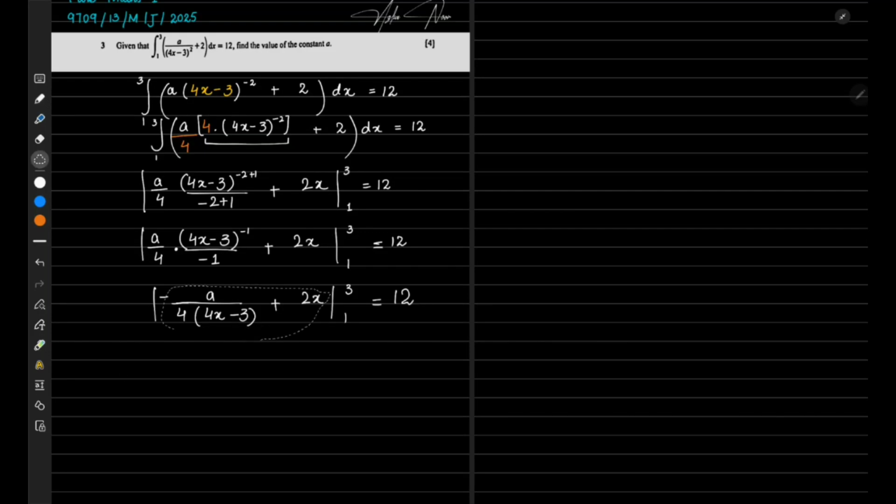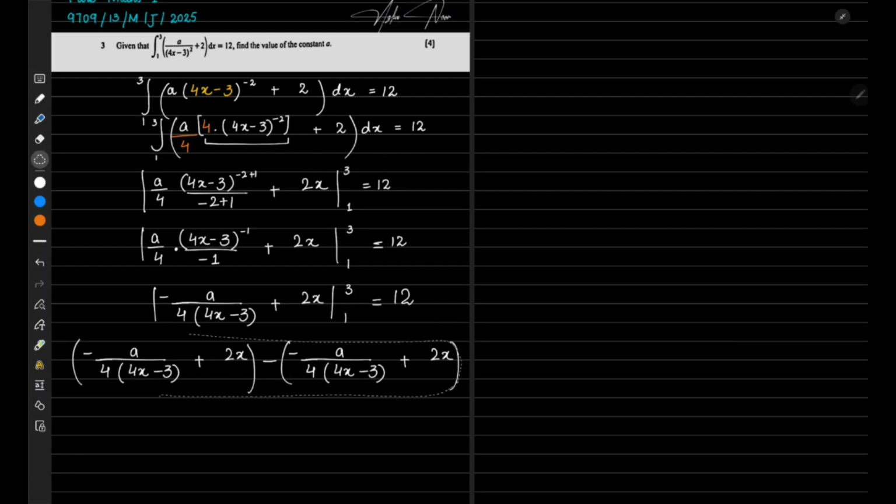For that, I'm just copying it once. This is your first time, then the second time: upper limit minus lower limit equals 12.